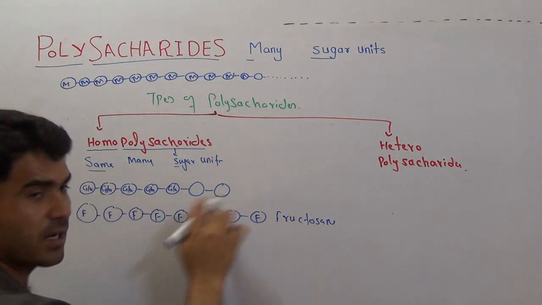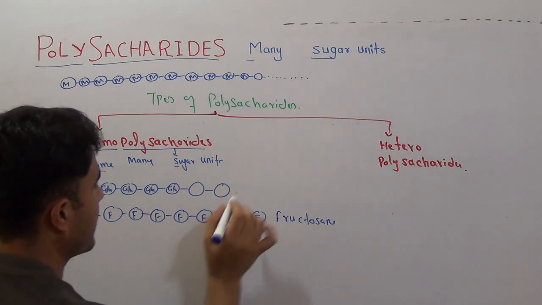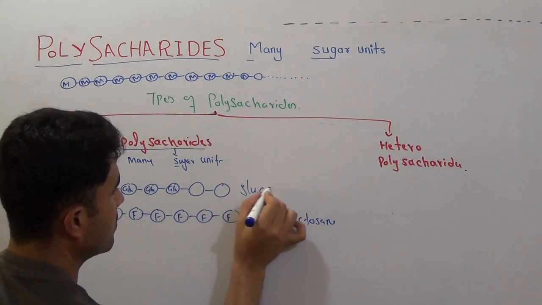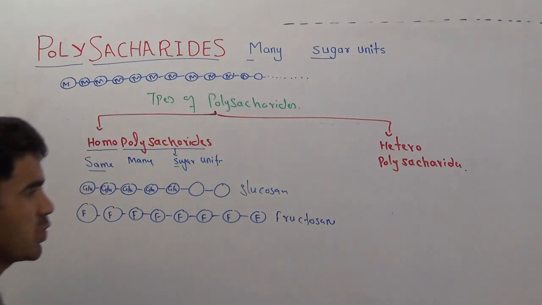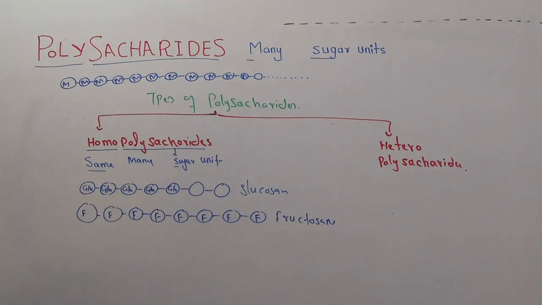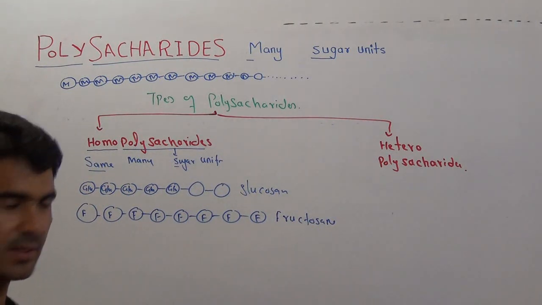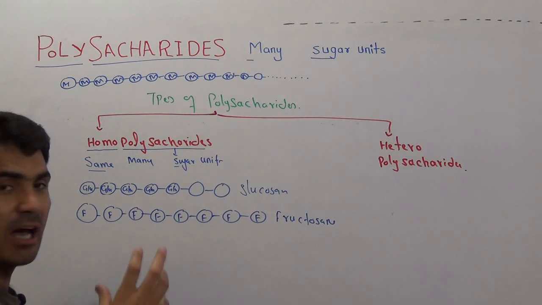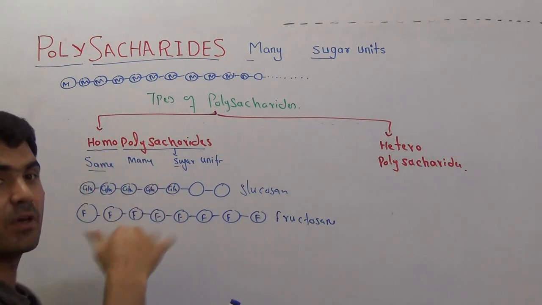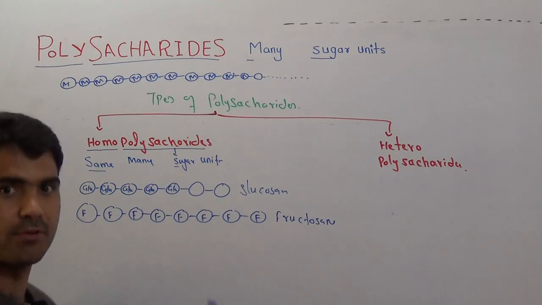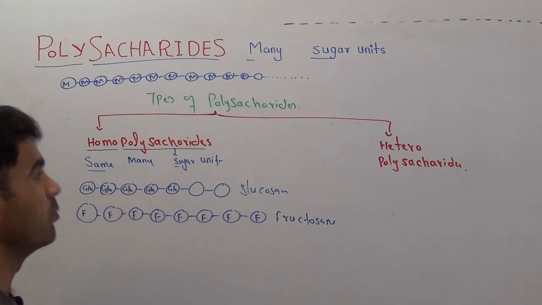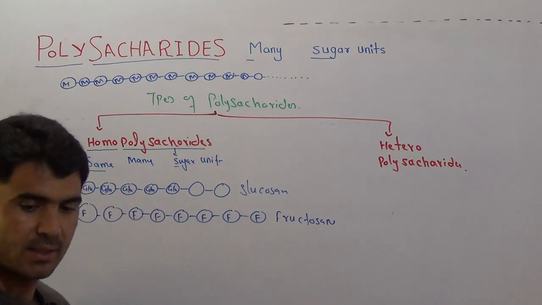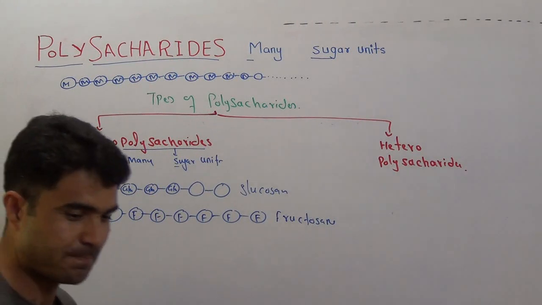When all the units are glucose, we call it glucosan. So glucosan, fructosan, these are very good examples of the homopolysaccharides. This was just to make you understand the definition of the homopolysaccharides. We have more examples of the homopolysaccharide that will be discussed today in this lecture.